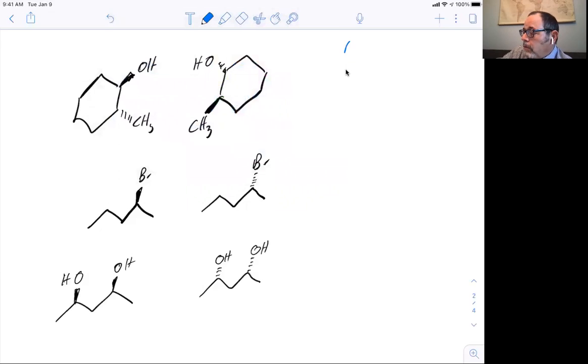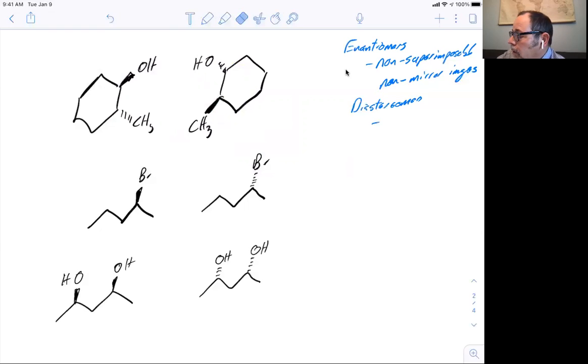So enantiomers are non-superimposable mirror images. Diastereomers are, oh, sorry, that is incorrect.